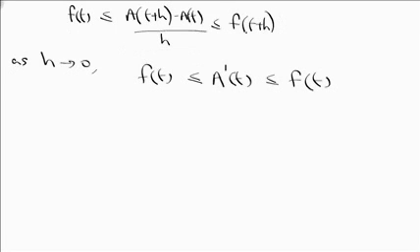Now if A dash of t is greater than or equal to and less than or equal to f(t), then it in fact is equal to f(t). So A dash of t, the derivative of the area, is equal to little f(t).